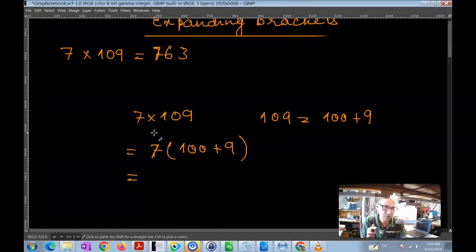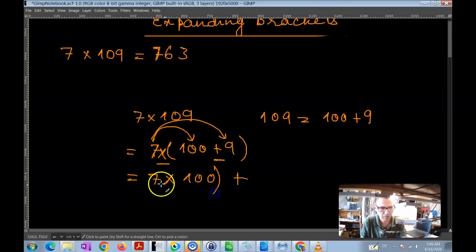As we discussed before, multiplication distributes over addition. So this is multiplication, this is addition, and multiplication distributes over addition. So you distribute your 7 over these numbers, and you write it as 7 times 100 plus 7 times 9.